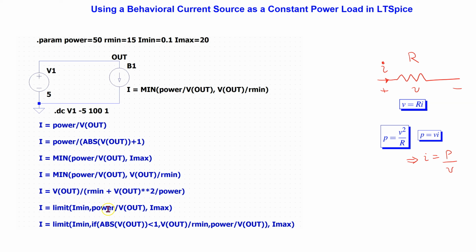Any of these statements can be used depending upon the purpose of simulating a constant power load. Please pause the video now if you wish to study these in more detail.